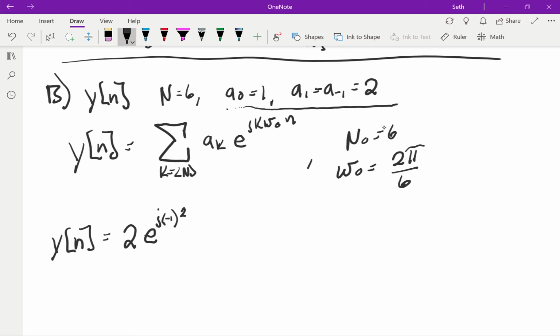Omega naught is 2 pi divided by 6 times n. Now we'll go to the 0 term, a0. That's just 1 because e to the 0 is 1. So now we're at the a1 term. So we get 2 times e to the j, at the a1 term, k is equal to 1, so j 1 times omega naught, which is 2 pi over 6 times n.